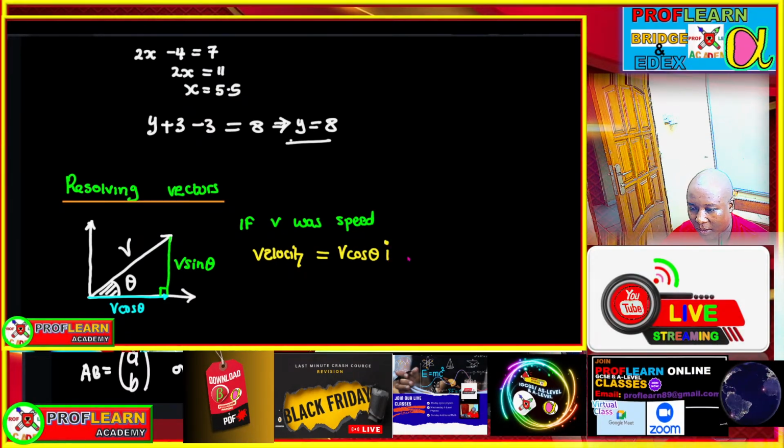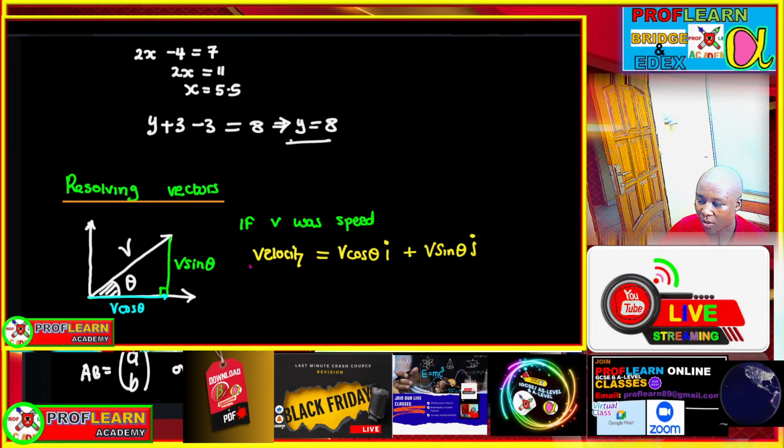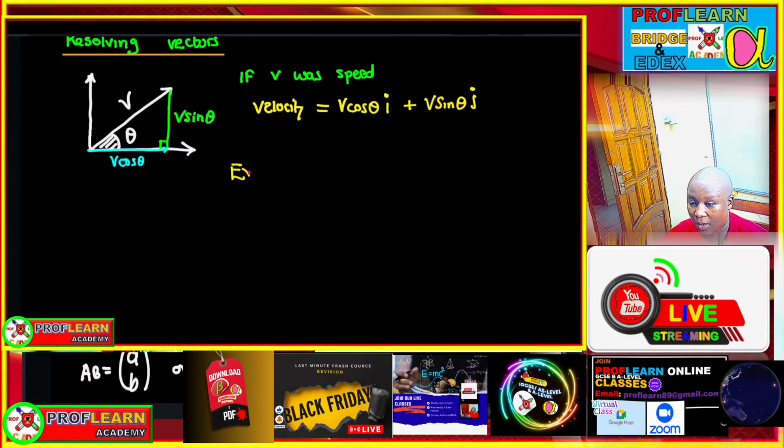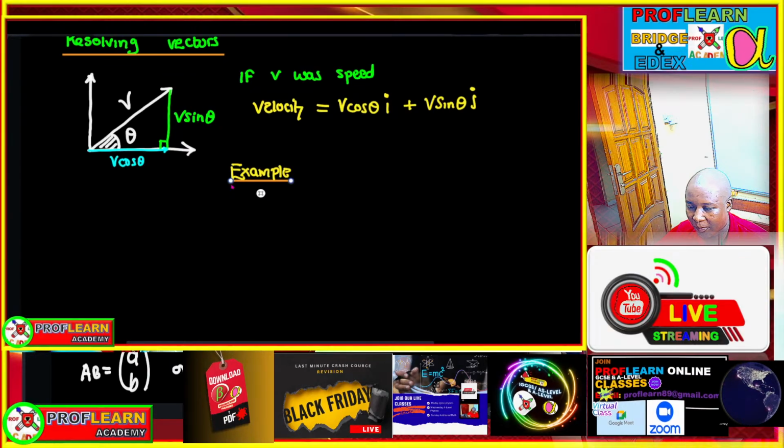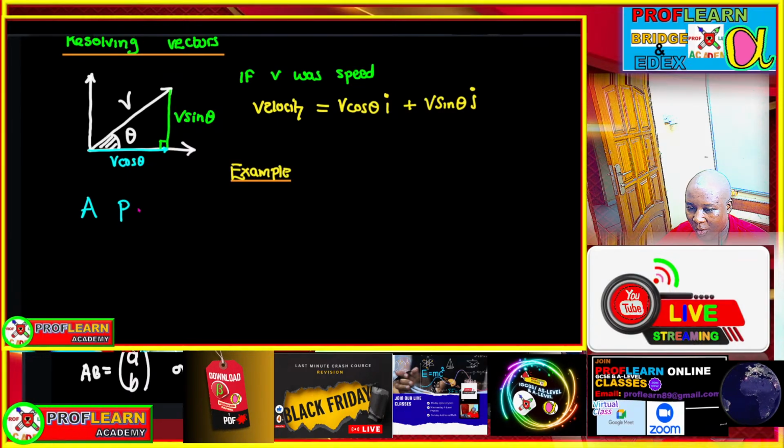So that means we can say the velocity vector here is going to be v cos theta i plus v sin theta j. And we're going to see a question whereby you can use this particular concept and see how you can apply that during the exam. So in this example, we see how we use that.